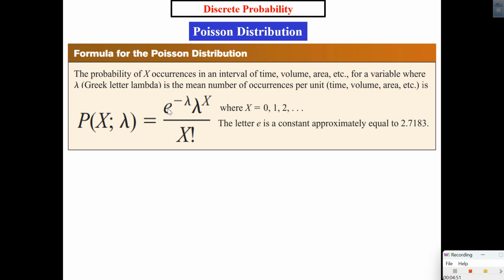The approximate number is 2.71, but I want you to use 2.7183. That's going to be the decimal value for E. Make sure you write that down, please. E is 2.7183.